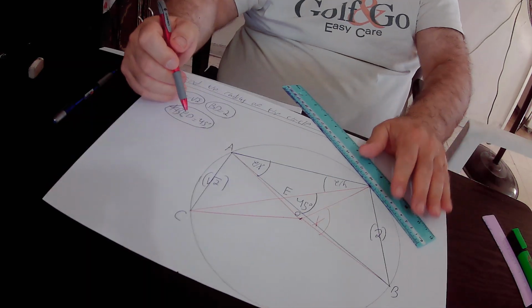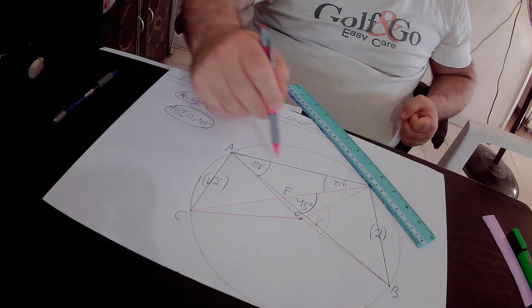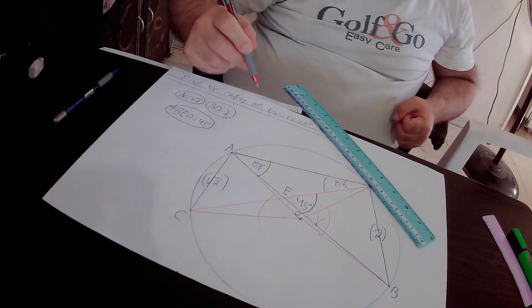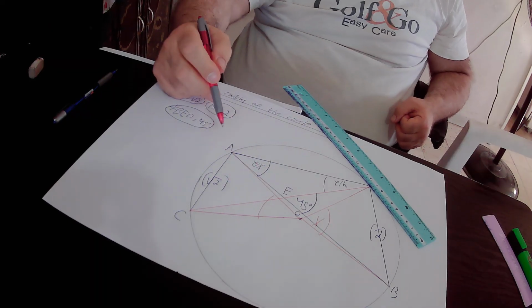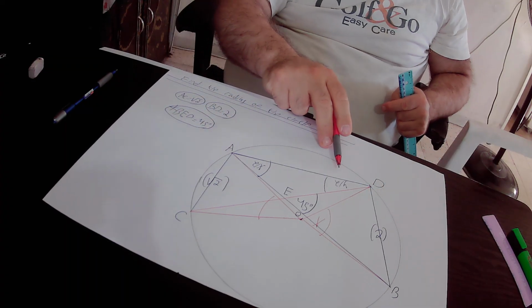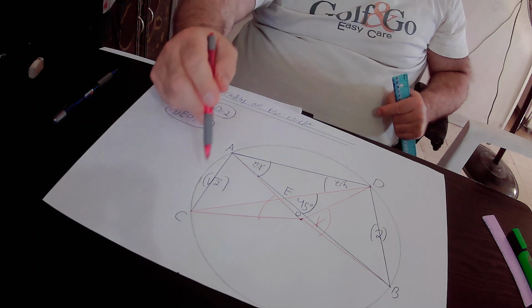When doing this construction, we get the central angle AOC. This is central angle AOC, and it is subtended on chord AC, exactly like this peripheral angle ADC. It is also subtended on the same chord AC.